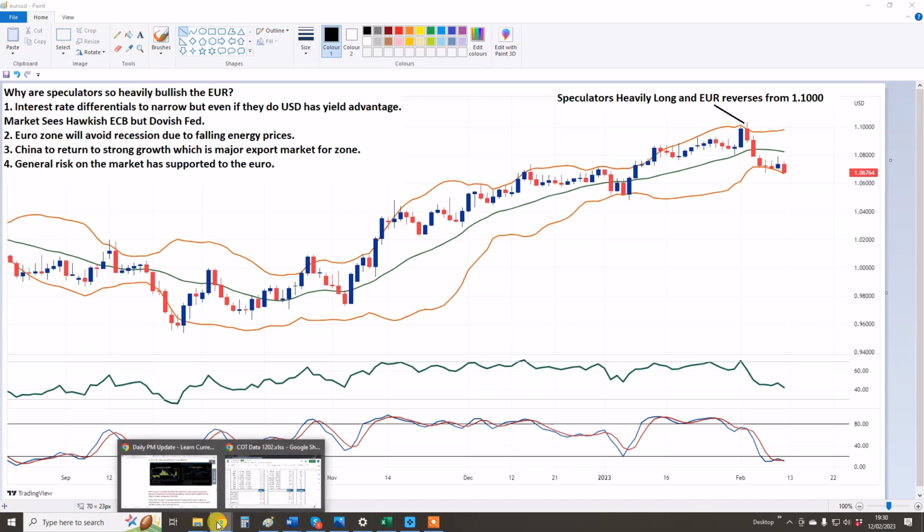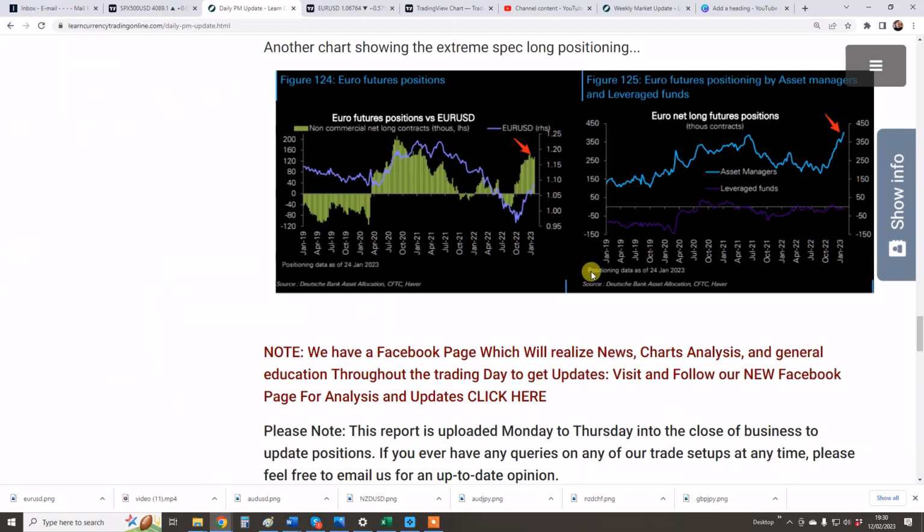I just want to go to speculative positioning. These charts are from our favorite sentiment indicator, the COT Net Traders Positions. And I posted these on our website in the Facebook group just before we topped out at 110. You can see the euro here, the blue line going up, but speculators really building up long positions, big long position.